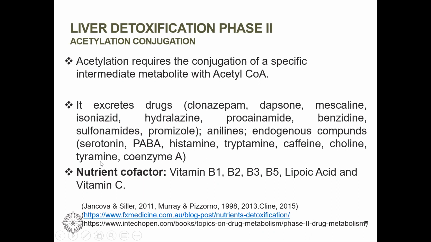Then some people who have excess of serotonin or histamine, then this pathway needs to be supported so that too much of it is not left. So it makes conjugates and excretes all of them. Nutrient cofactors: all your vitamin Bs and lipoic acid and vitamin C. Because remember, we are making acetyl-CoA utilizing all these nutrients as cofactors.